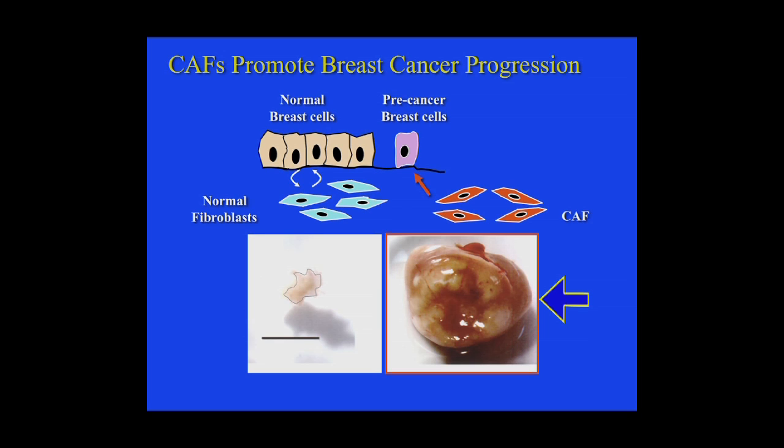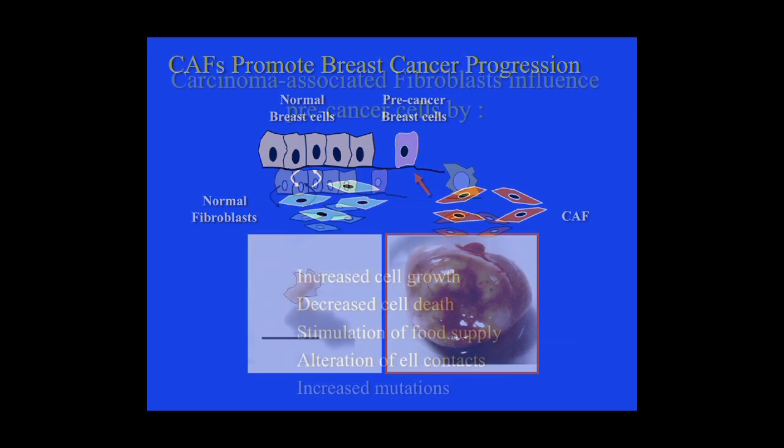Notice the redness, that's the growth of the blood vessels to feed it again. So what this is saying is that these stromal cells are really important, okay?